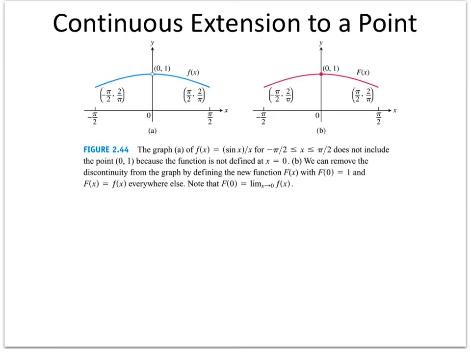All right, continuous extension to a point. So if I have this graph and I say, well, the limit as x approaches 0, in this case is 1, but I don't have the value of the function. In other words, I don't have my f of 0 here. I don't know what it equals because this is open. In this case, I can define a new function, and I can say, well, let f of 0, in other words, I just colored the circle in, okay?